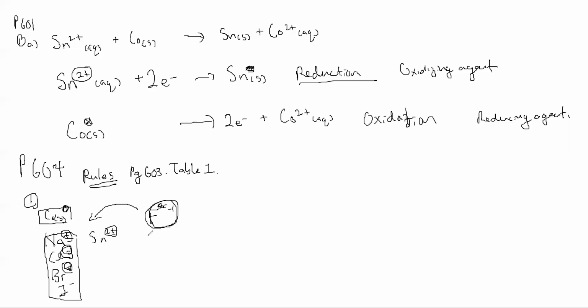Okay. Number 2, hydrogen is almost always going to be +1. Take a look at what the chart says. And lastly, oxygen is almost always going to be -2, except for peroxides. But we'll get to that in just a second.